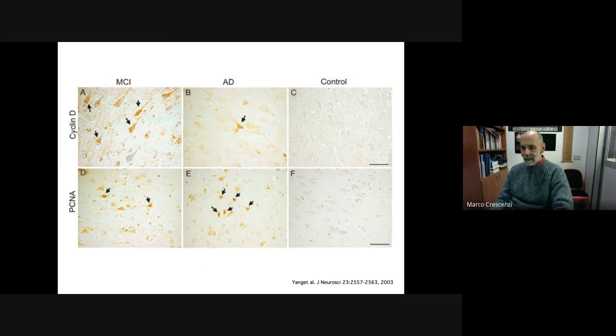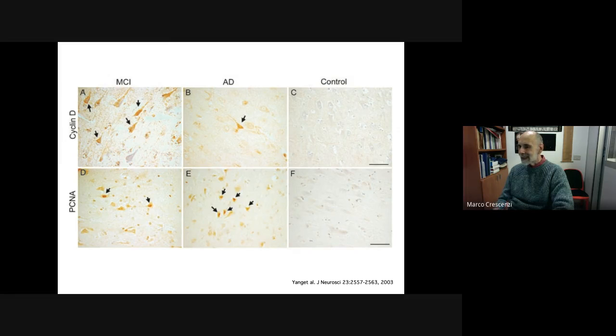And in fact, again, in the last few tens of years, we have learned that neurons have a peculiar correlation between reactivation of the cell cycle and cell death. Very strangely, neurons reactivate the cell cycle before dying. And in fact, in many cases, reactivation of the cell cycle is a requisite for dying.